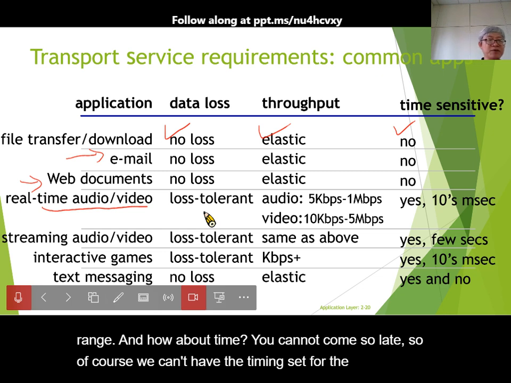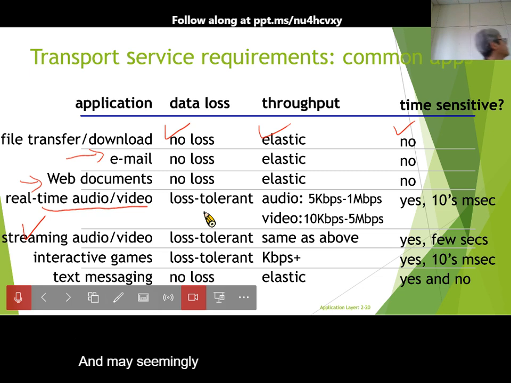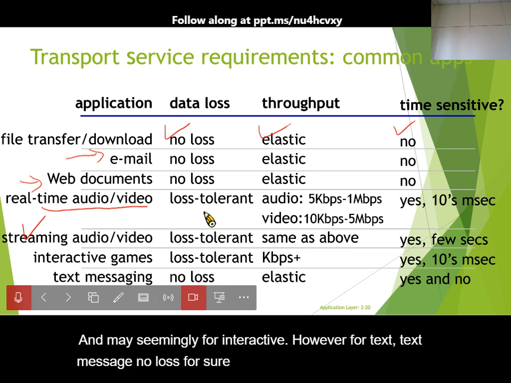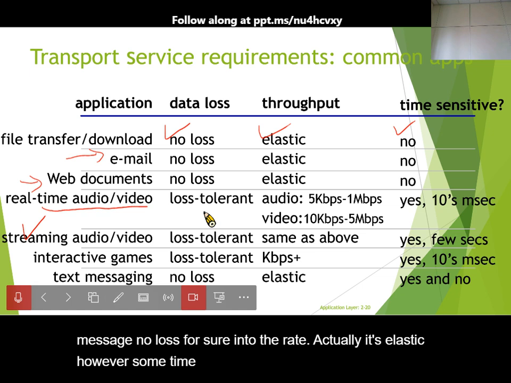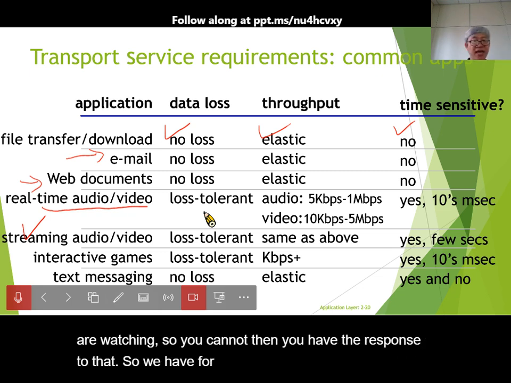And likewise for streaming, and maybe similarly for interactive. However, for text messaging, no loss for sure, and the rate actually is elastic. However, for time, because of messaging, we are waiting for the response, so we have the timing associated with text messaging.